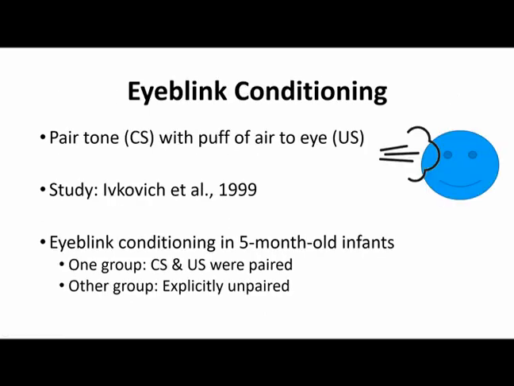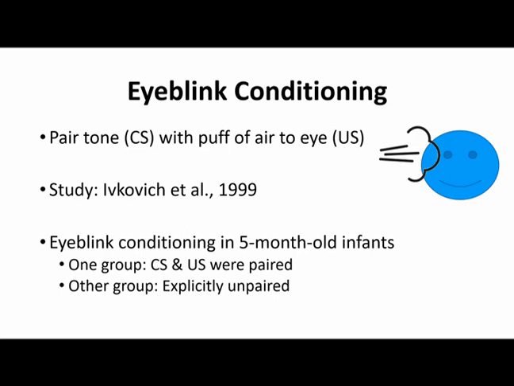And Eyeblink conditioning is actually fairly simple. It's its simplicity that made it so popular initially and what has made it prevalent even to this day. For Eyeblink conditioning, it's as simple as pairing a tone, an originally neutral stimulus that becomes a conditioned stimulus over time, with a puff of air to the eye.